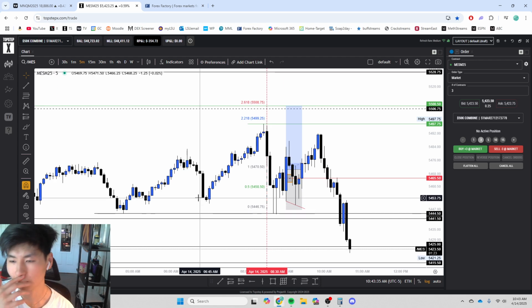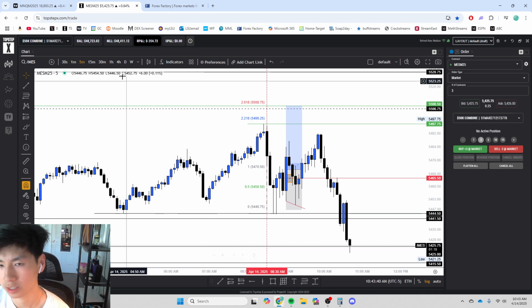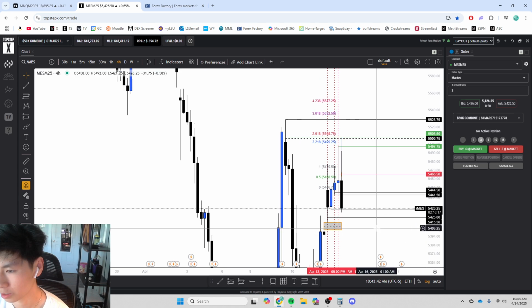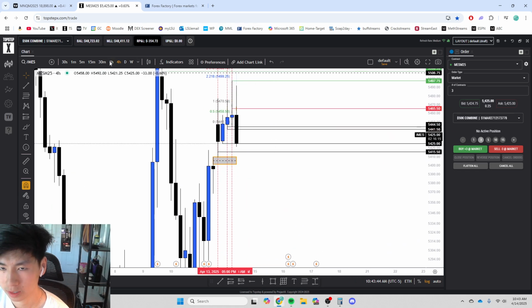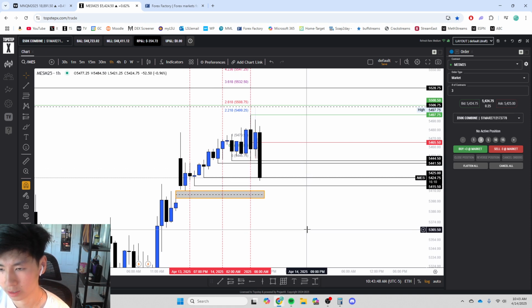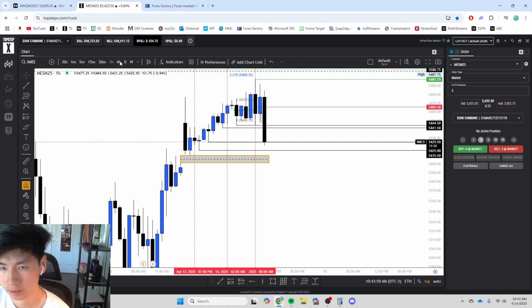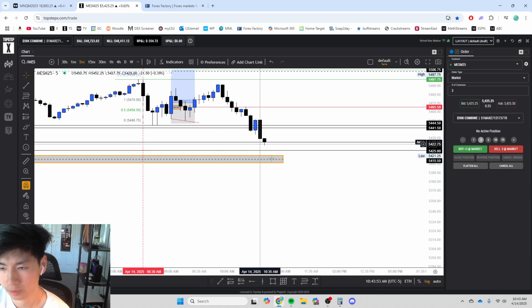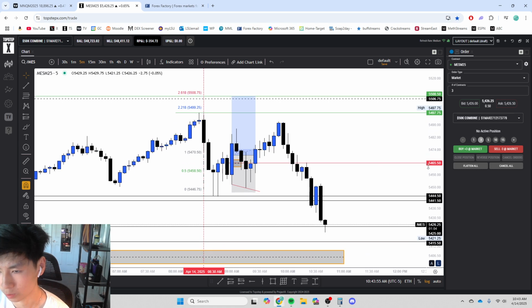I didn't really have a bias too much, but I was leaning towards bullish just because on the 1 hour and 4 hour, we were bullish overall. And so that's why.